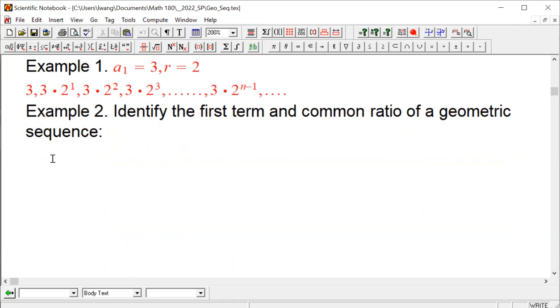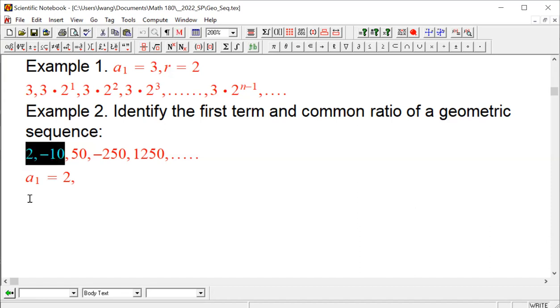The sequence is 2, negative 10, 50, negative 250, and 1250, and keep going. So how do we identify the first term? The first term is pretty easy. That's 2. So the first term, a sub 1, equals 2.